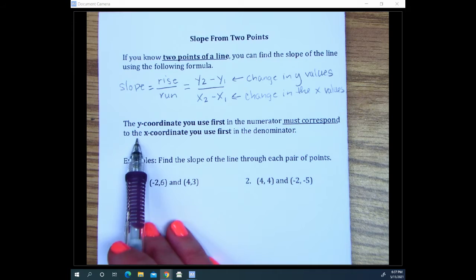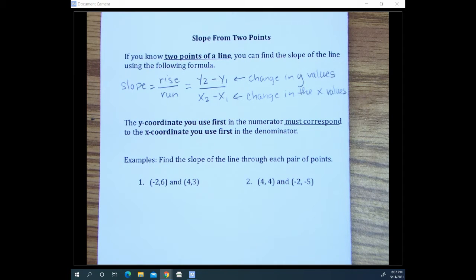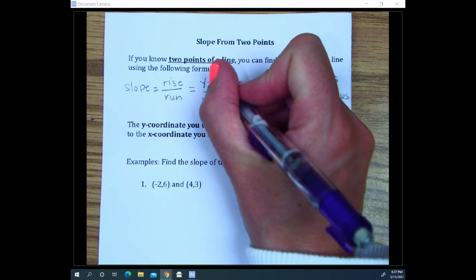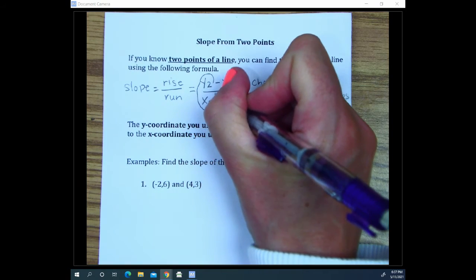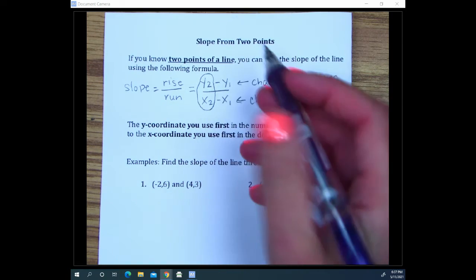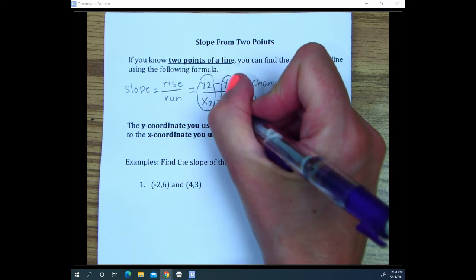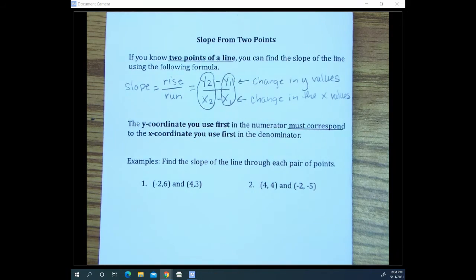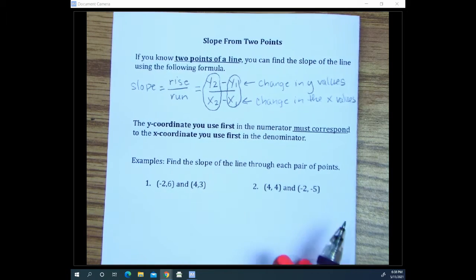All right, this note says the y-coordinate you use first in the numerator must correspond to the x-coordinate you use first in the denominator. And all that means is that our y and our x make up a point. So that is one of the points, and this is the other point. And that'll make more sense down here.